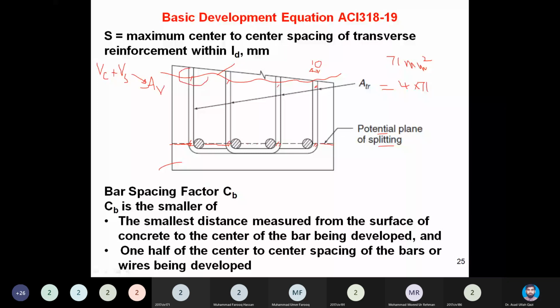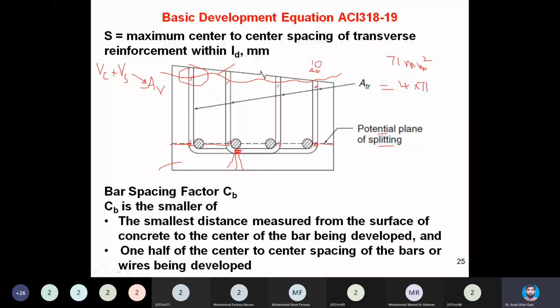potential splitting plane. On the same picture, if I draw the V-notch mechanism or bottom mechanism, and we have discussed in the previous lecture that multiple cracks may initiate and then they may touch the soffit. The ties are also providing stitching action to those splitting failures.